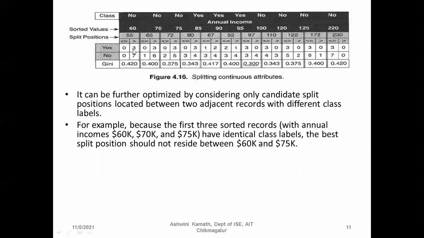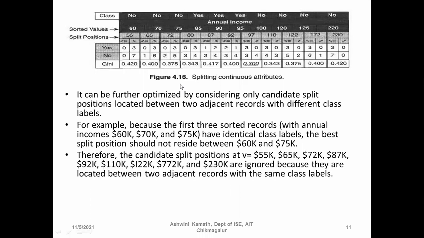For yes we have 0, 3, for yes we have 0, 3, and for no it is almost similar: 0, 7, 1 and 6 it is 7, 2 plus 5 it is 7, 3 plus 4 it is 7. Almost the same values we have for these, so we can avoid such records.